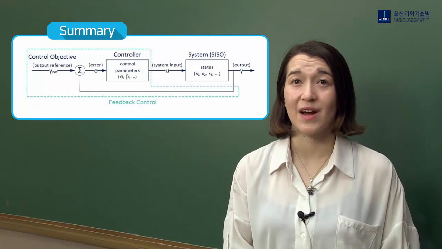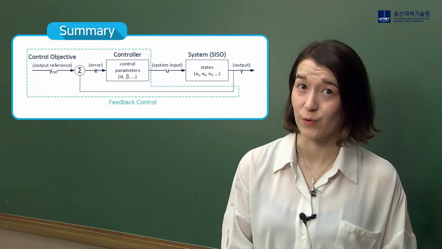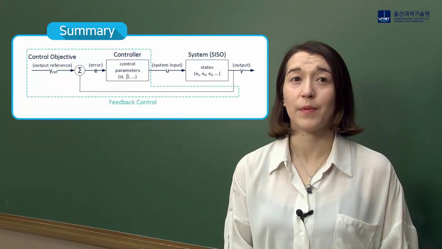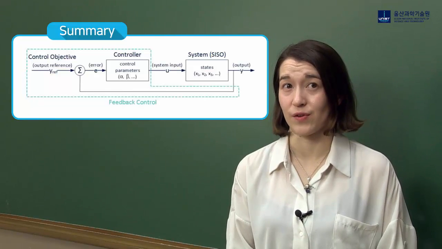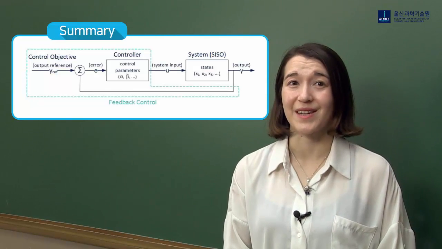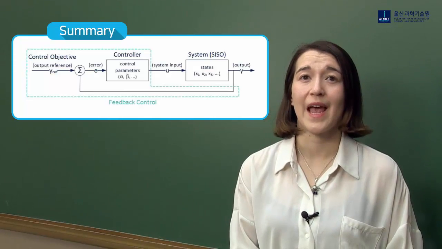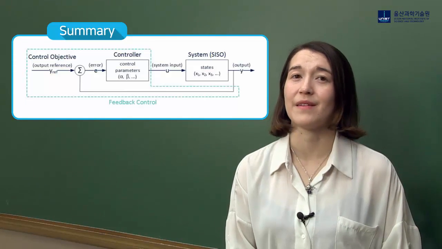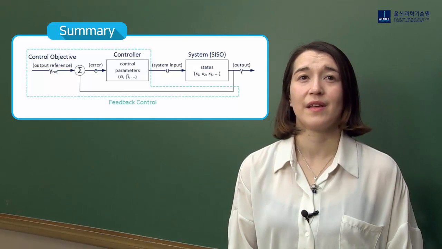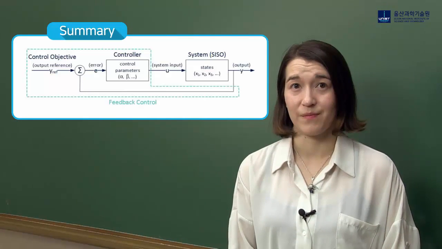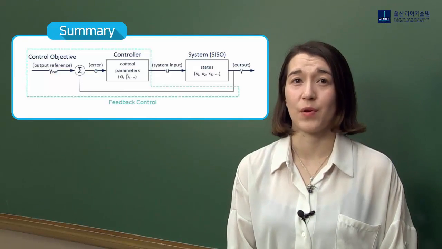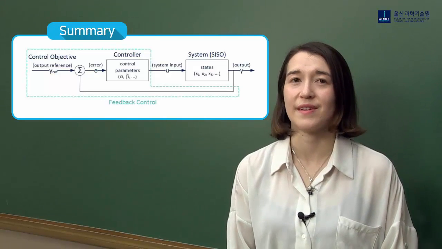Our plant states are the inductor current and output capacitor voltage. Our plant output is output voltage of the converter. The control objective is to maintain the output voltage at 5 volts. And our controller may be a standard PID controller that drives the converter duty ratio. This is the basic approach for applying feedback control to DC-DC converters.